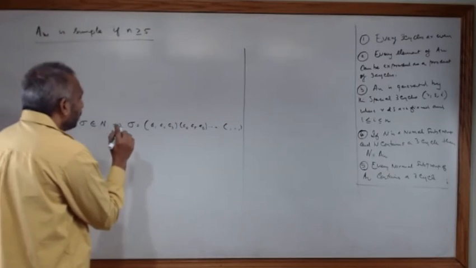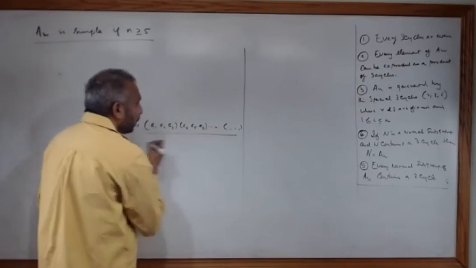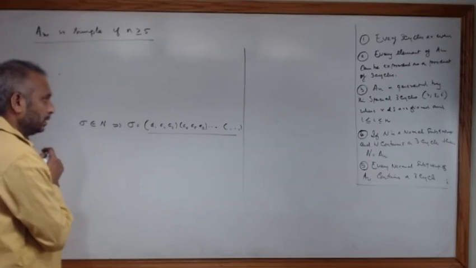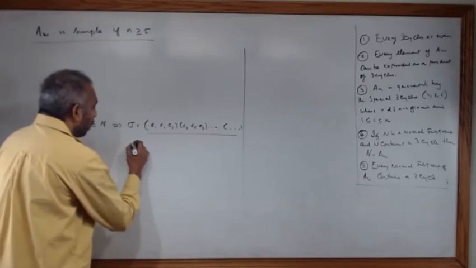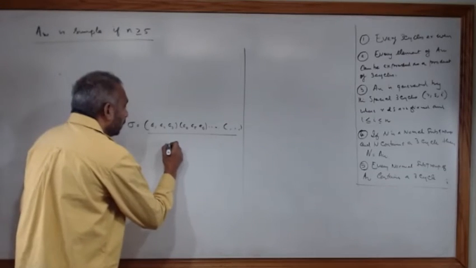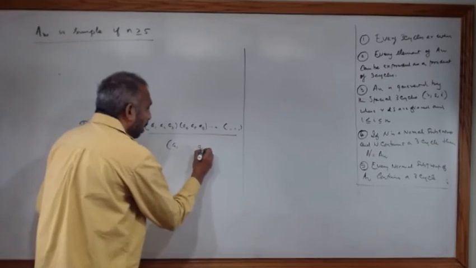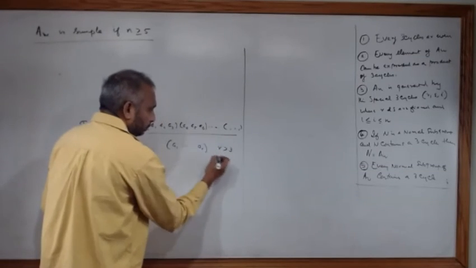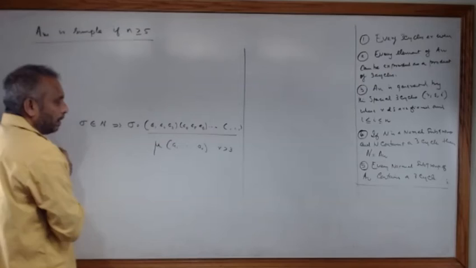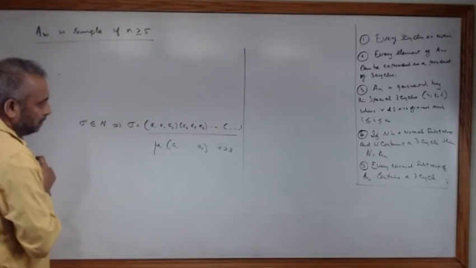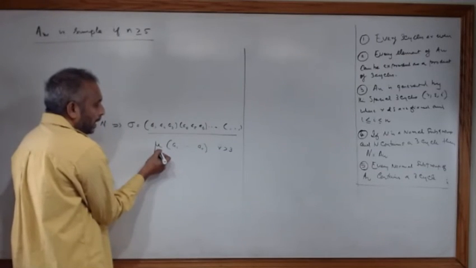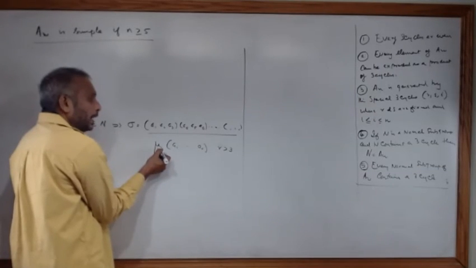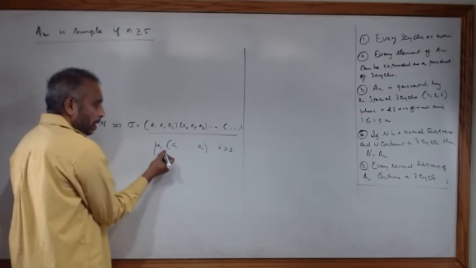So there are 3 ways you can write this as disjoint cycles. One is you will have A1 up to AR where R is greater than 3 and a permutation mu. This can be probably the identity permutation. No problem.